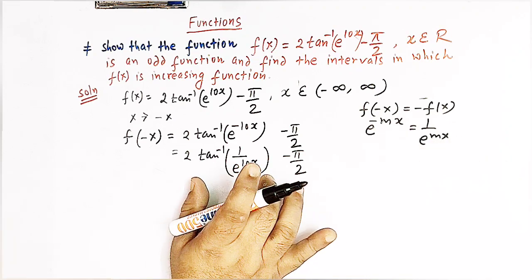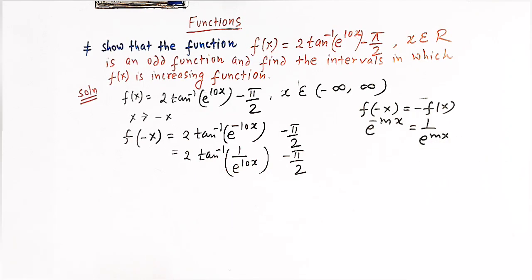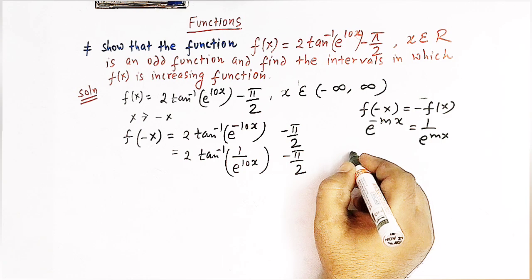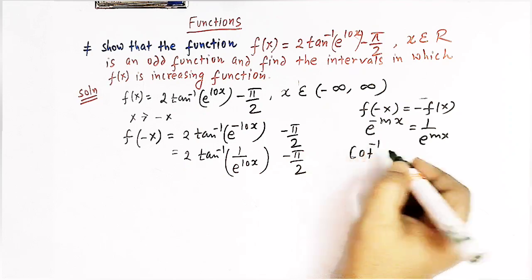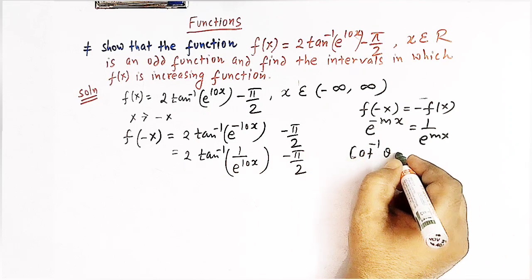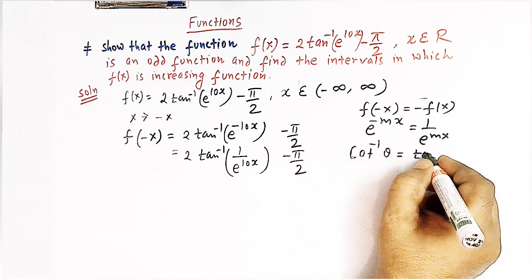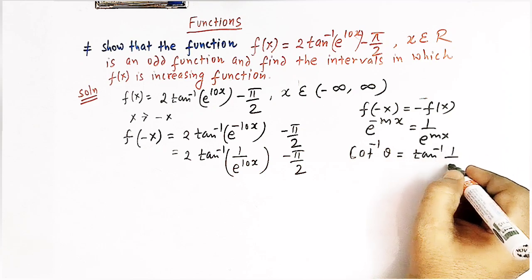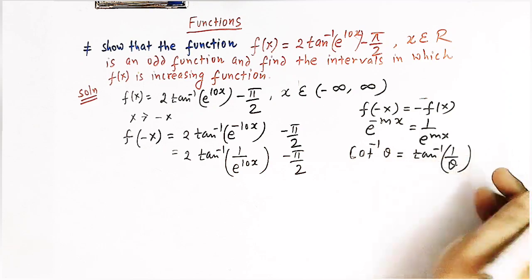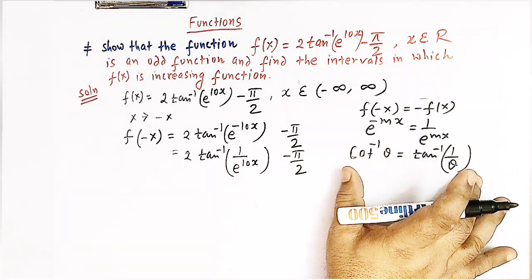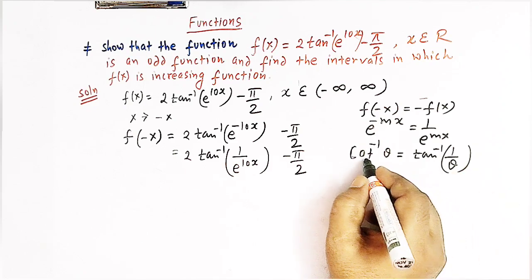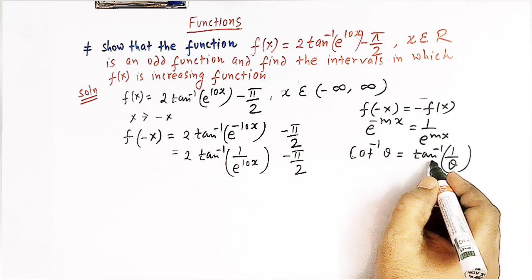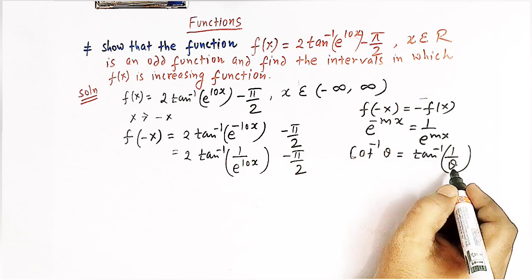So here we have to make use of an important identity from inverse trigonometric functions. We know that cot inverse of say theta is equal to tan inverse of 1 over theta. So this is an important identity from inverse trigonometric functions. So cot inverse theta is equal to tan inverse 1 over theta.